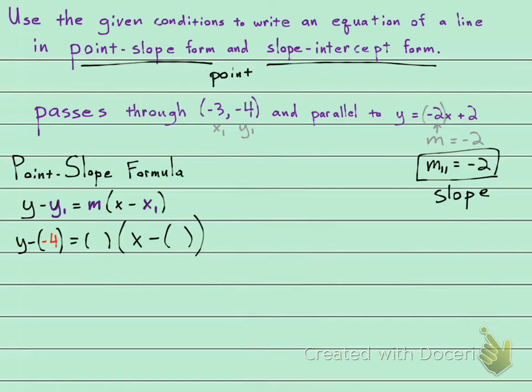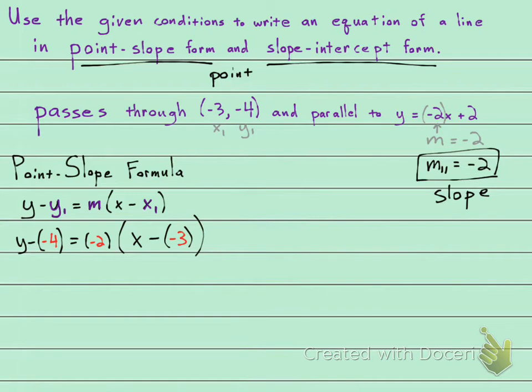m is the slope. We know that that is -2. So we're going to plug that in right here, -2. And then x1 is -3. That's going to go where x1 is, which is right here. So x minus x1 is x minus a -3. All right.